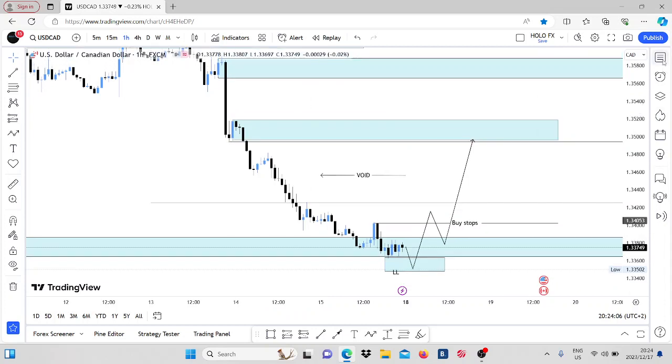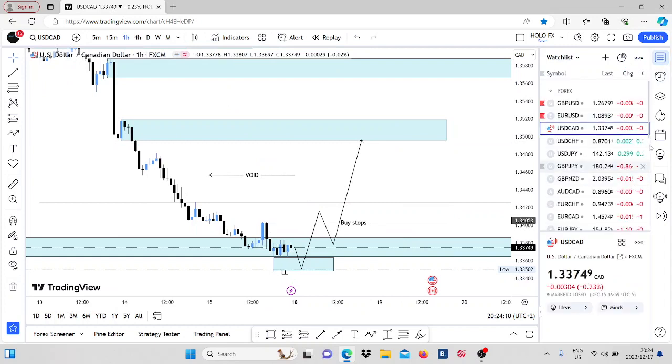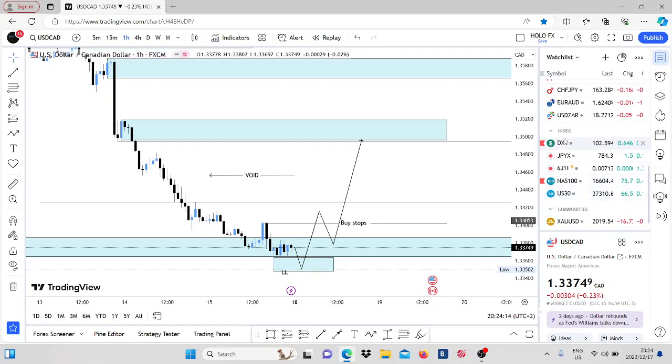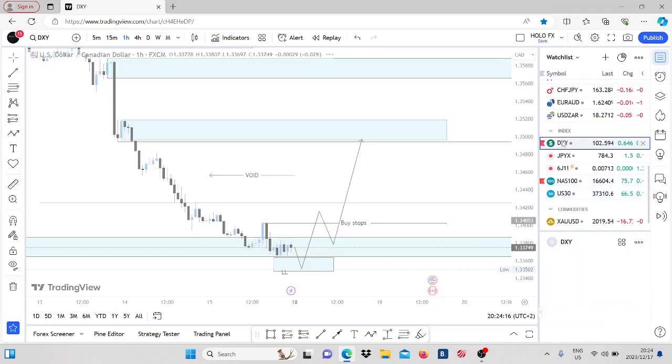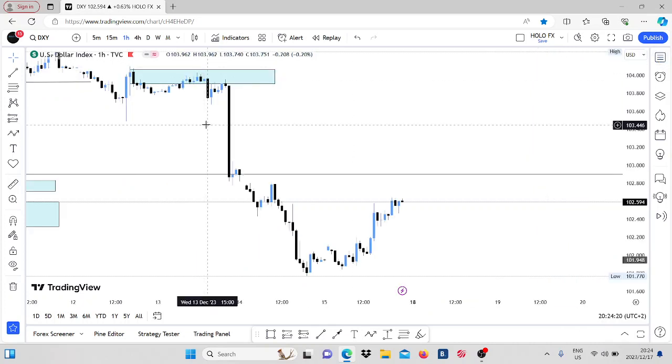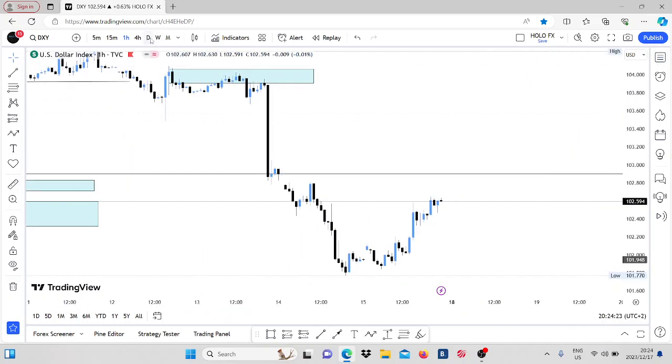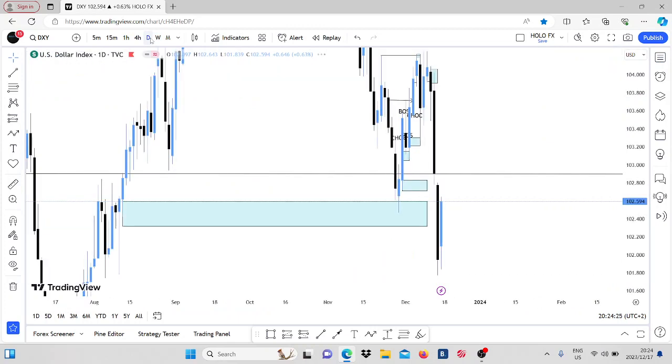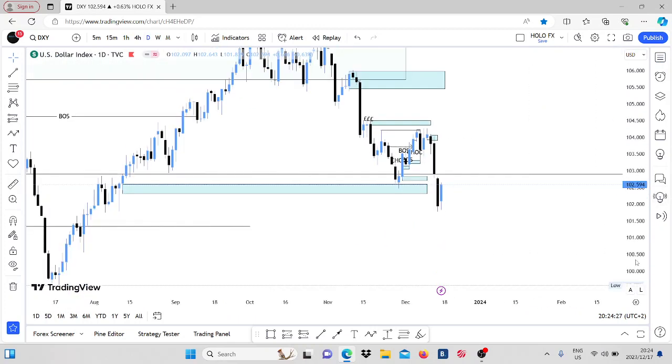And in line with USDCAD, we need to also look at the DXY dollar index. We need to look at the index. All right. Start on a daily. I like my analysis on a daily.